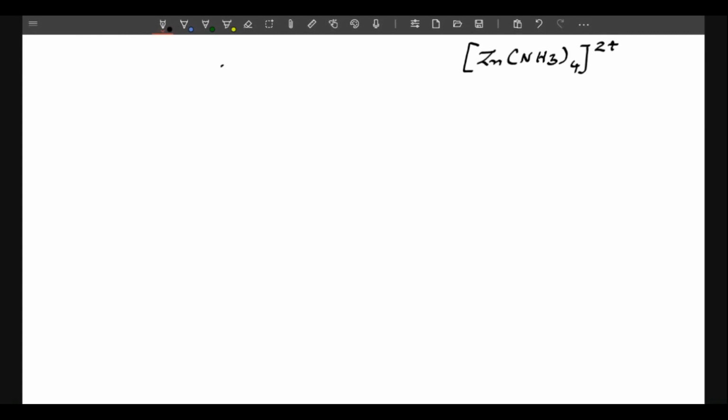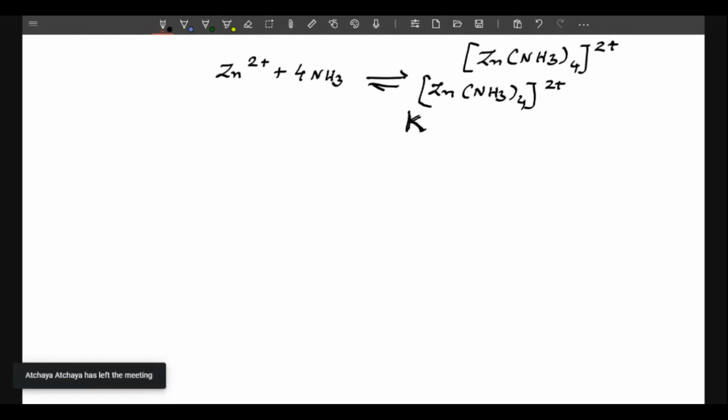Formed in the reaction: Zn2 plus plus 4NH3 with a reversible arrow forming Zn NH3 4 2 plus. For this reaction, you have to calculate the stability constant. Stability constant means nothing but the equilibrium constant. If you calculate the equilibrium constant, that is called the stability constant.